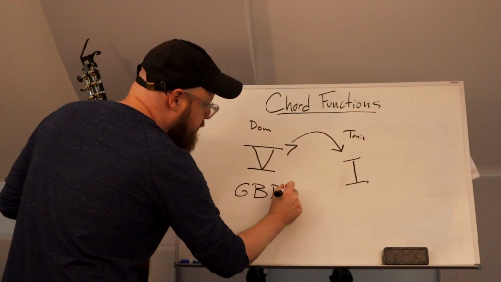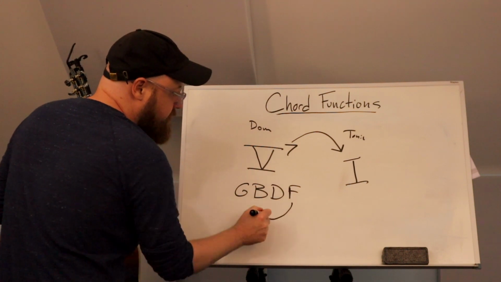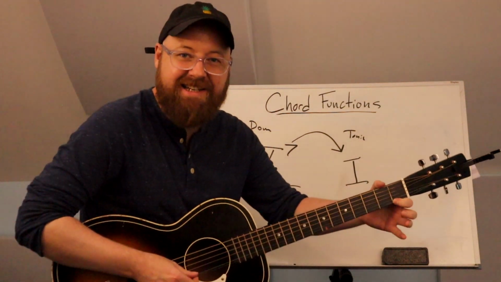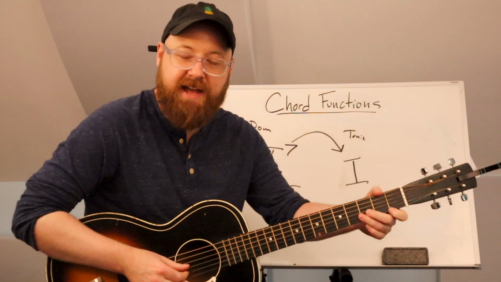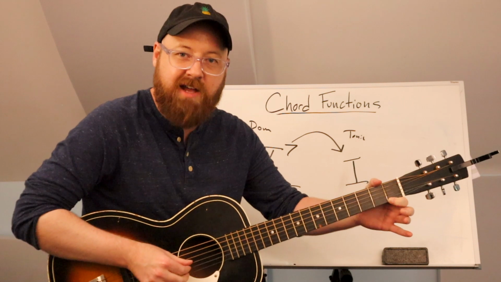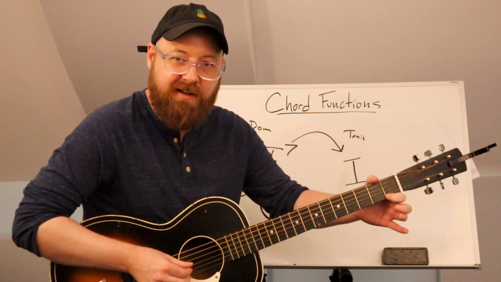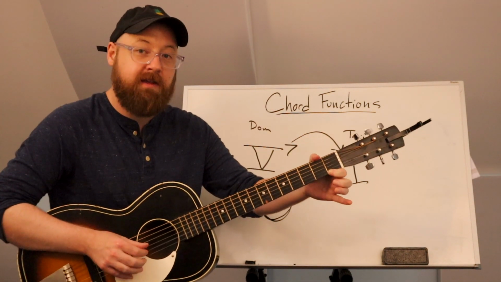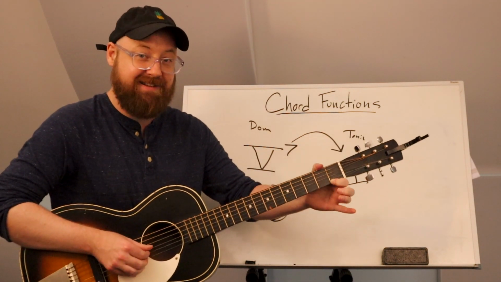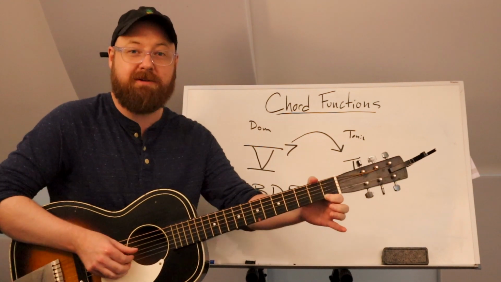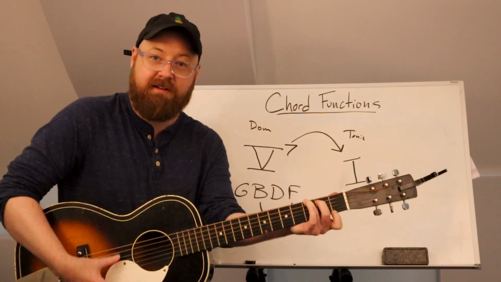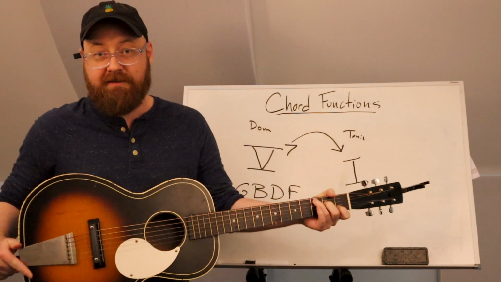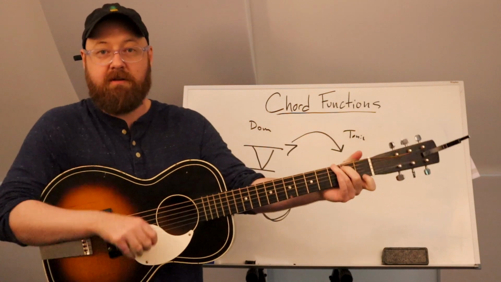G, B, D, and F. Between these 2 notes, we have a tritone, which is very dissonant. It's tough to just hang out and do tritones. Pretty rough. So that tension resolves very nicely when you go back to the 1 chord. 1. Right? Now we're done. That's the end of the tune.